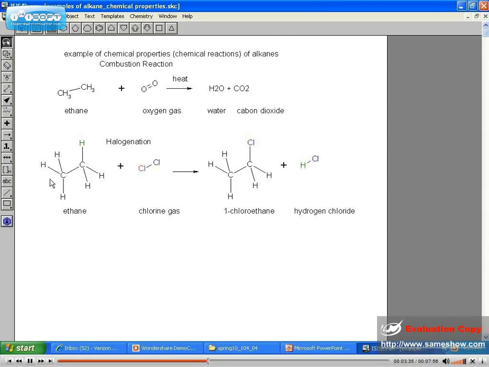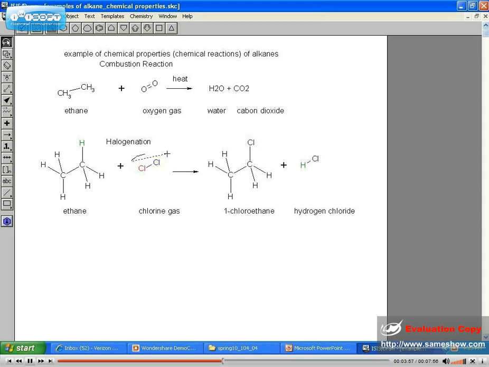Now here is another type of chemical reaction you have to know. This is called halogenation, also known as free radical halogenation reactions. In this case, it's any alkane or cycloalkane, and you add in a halogen such as chlorine gas, fluorine, bromine, or iodine.